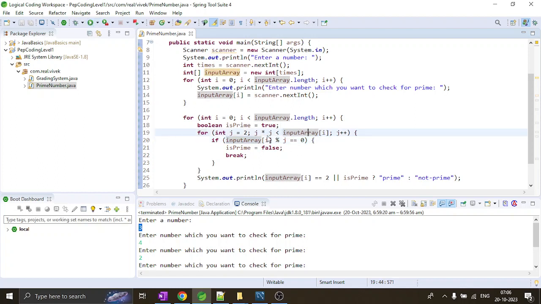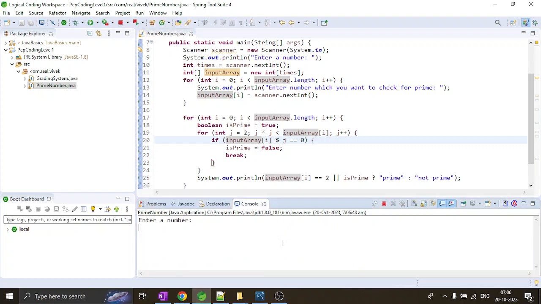Let's go over the logic once before running. So we are establishing a belief that the number is prime first, and we try to contradict the belief, right? So we'll be iterating till the square root of the number and checking if any number from 2 till then divides the input number that we gave.